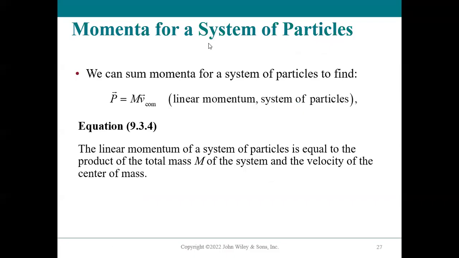And then momentum for a system of particles. The total momentum of a system of particles is P equal to mass times V center of mass. The linear momentum of a system of particles is equal to the product of the total mass M of the system and the velocity of the center of mass.